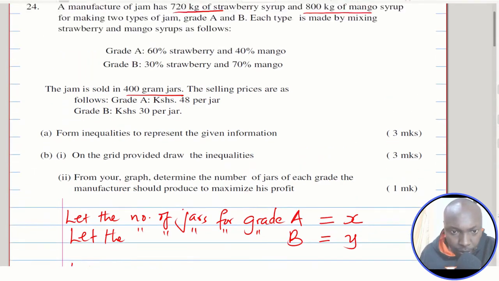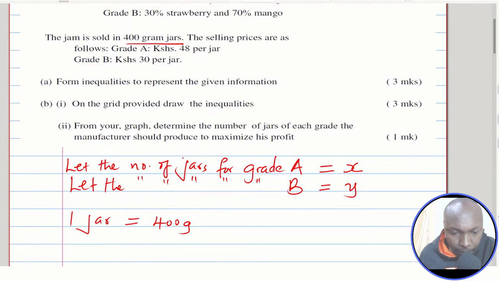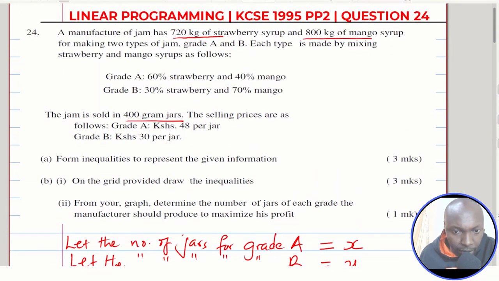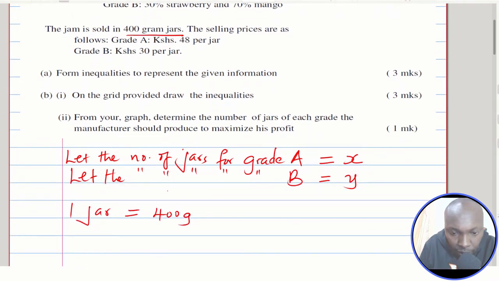Now using this, we're supposed to look at the 720 kg of strawberry. How many jars will that produce? And for 800 kg of mango, how many jars will that produce? If one jar must contain 400 grams, what about 720 kg? When we convert, 720 kg is equivalent to 720,000 grams.